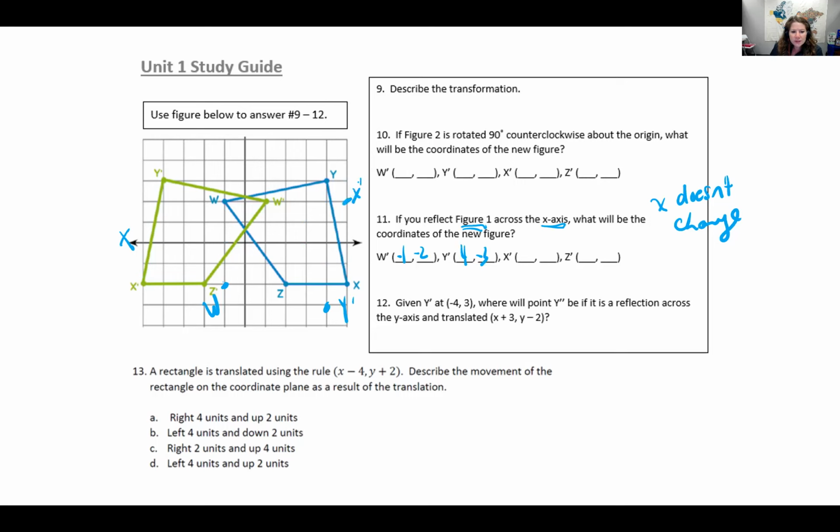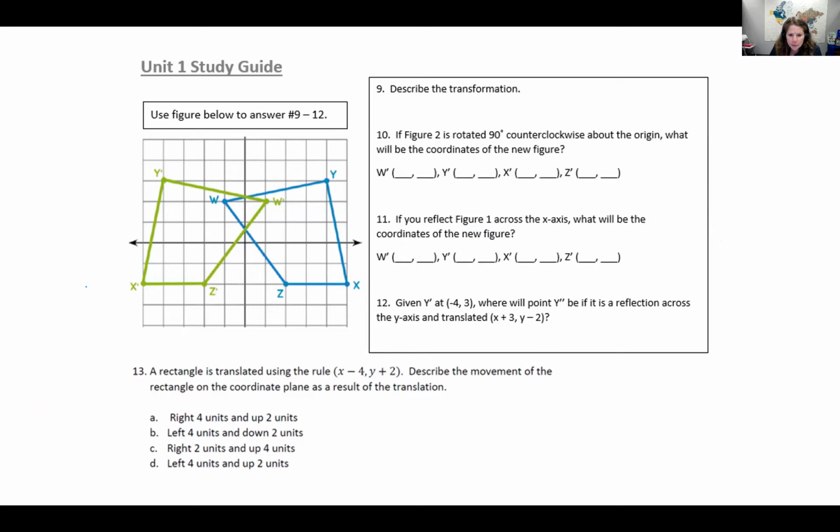So that would be 5, negative 2. And then Z, 1, 2, 1, 2. There's Z. So it's going to be at 2, 2. So when we connect our dots, it's simply a reflection. That's it. All right, so let's look at the next one.